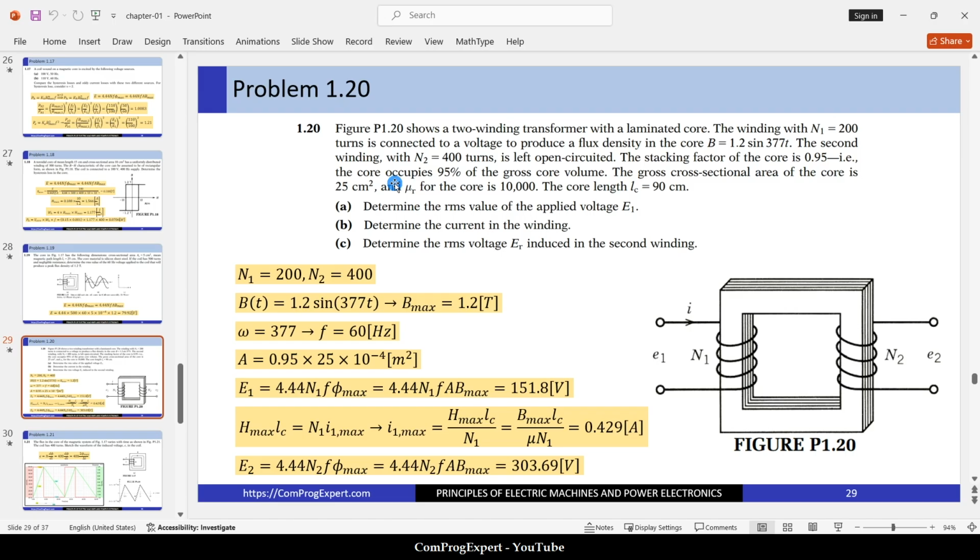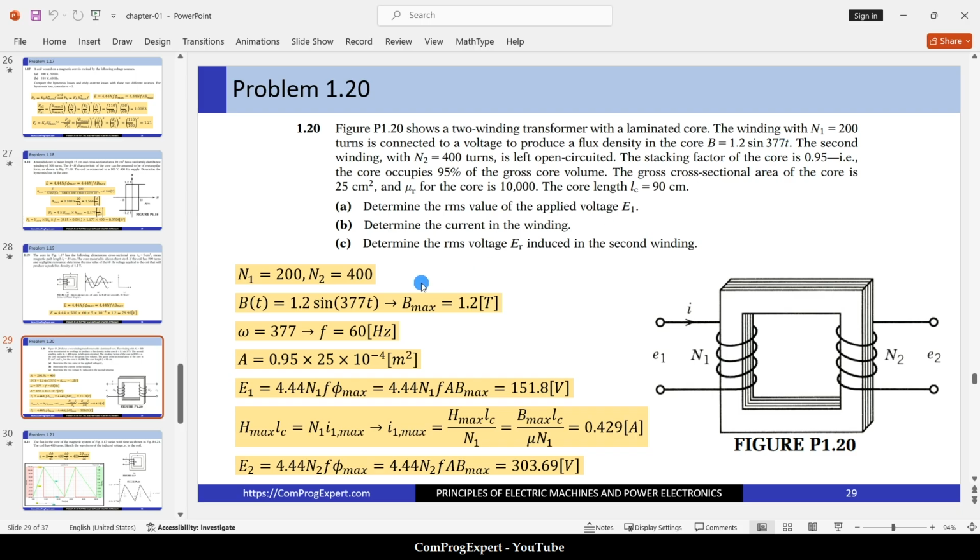Anyway, okay, problem 20. Figure P1.20 shows a two-winding transformer with a laminated core. The winding with N1 has 200 turns and it is connected to a voltage to produce a flux density in the core equal to 1.2 sin(377t) Tesla.